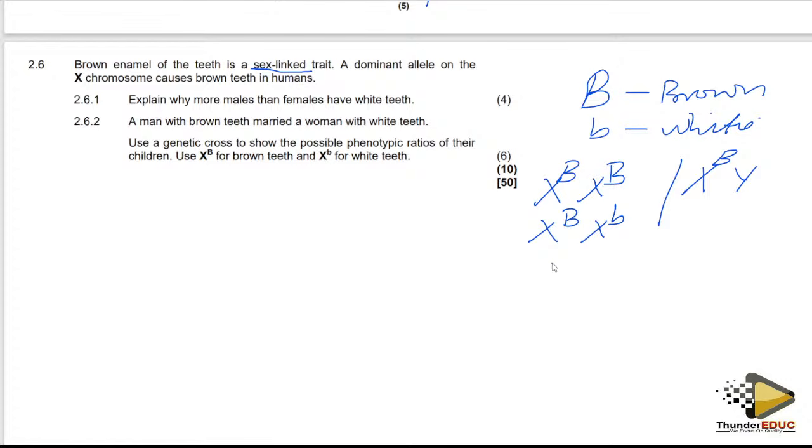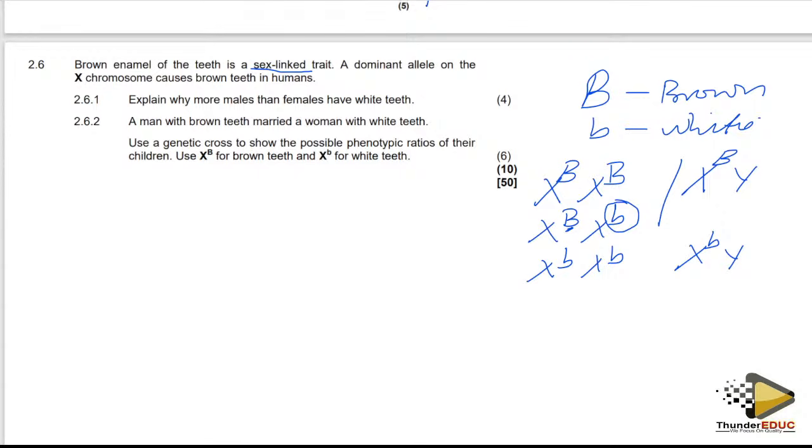Then still the female can be this, white teeth, while male is going to be that. It means that males have two options, while females have three options. Even if a recessive allele appears on the X chromosome of the female, it can be masked by a dominant allele. So this individual is still able to live without the brown teeth.